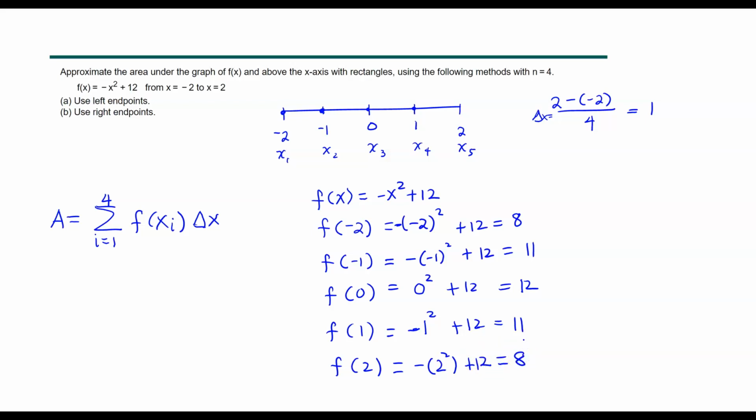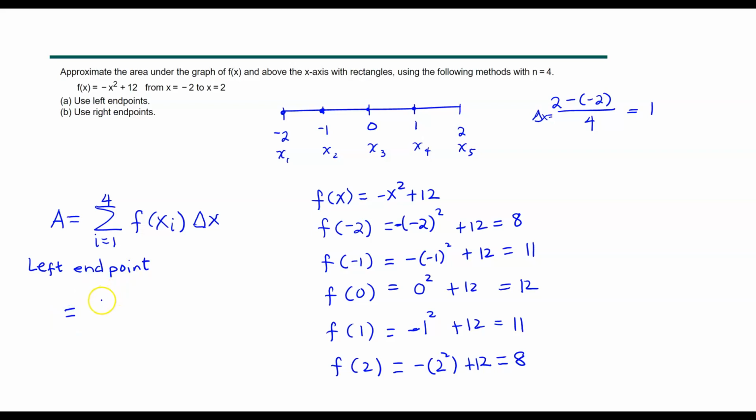So these are your function values. So for the left endpoint, as I've said, you're going to use the values here. So these are your endpoints. So for your f of x, for the length of the rectangle, are the values here.